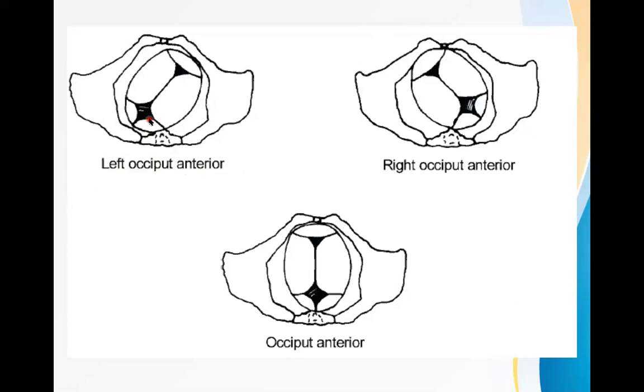Now let me go through the landmarks once again. This bigger diamond-shaped gap is the anterior fontanelle. Here is the posterior fontanelle. So this is the occiput. This bone is the occiput. Now see this. What joint is this? Yes, what joint is this, which I am showing with the pointer?